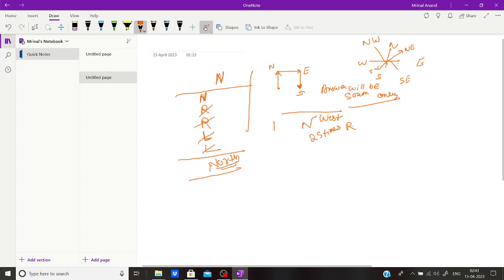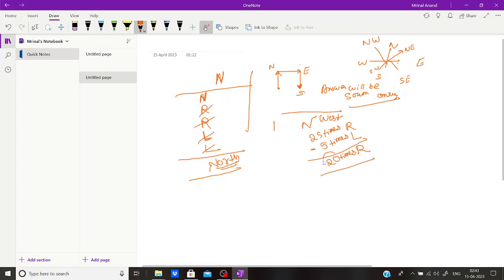That means 25 times you have moved 90 degrees clockwise, and 5 times left. So subtract this, you will get 20 times right.